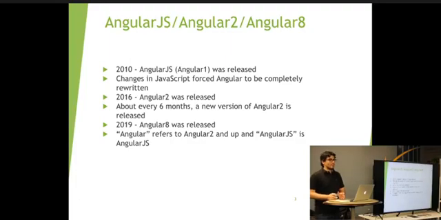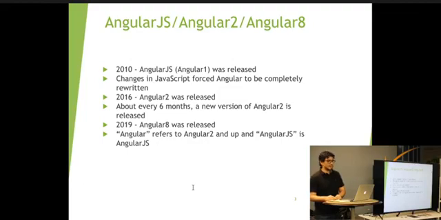About every 6 months, a new version of Angular 2 was released. It went from Angular 2, Angular 3 was skipped, and then it went to Angular 4, 5, 6, 7, and today we have Angular 8. Just last year, in 2019, Angular 8 was released.